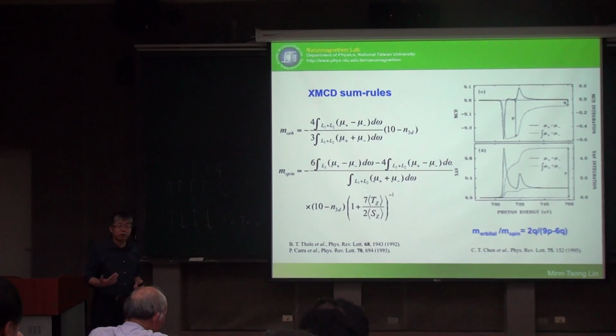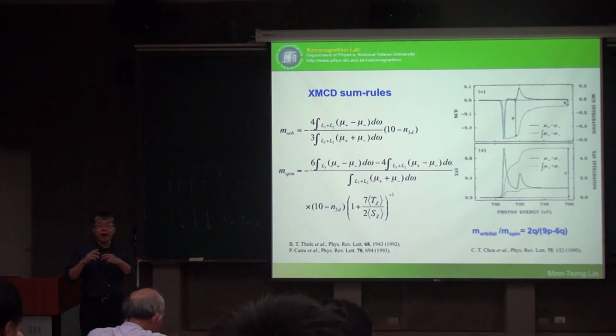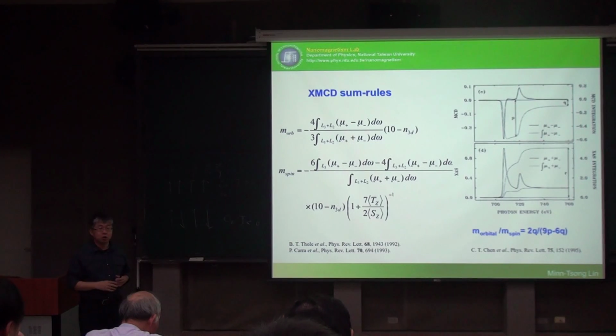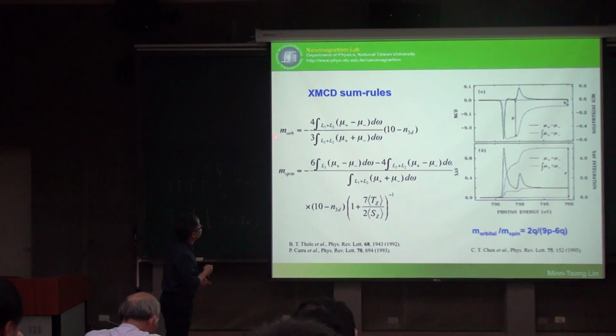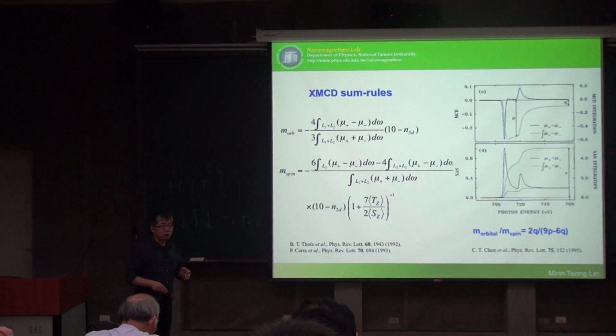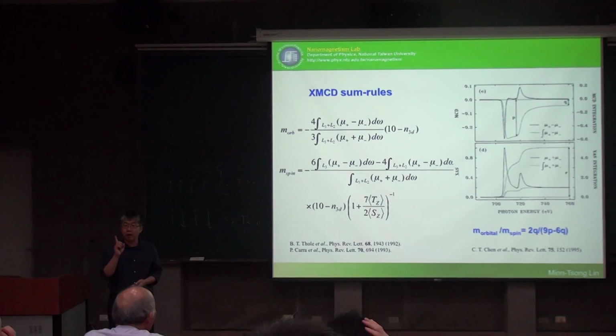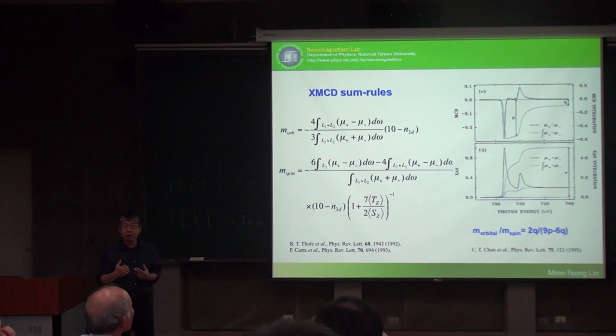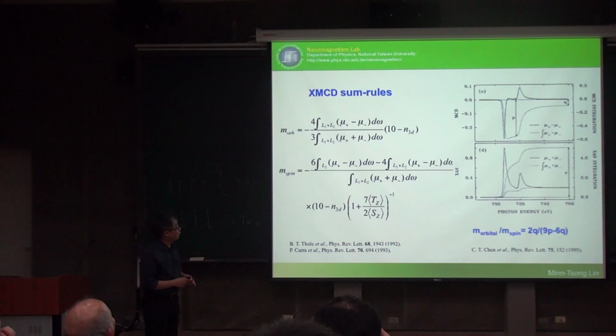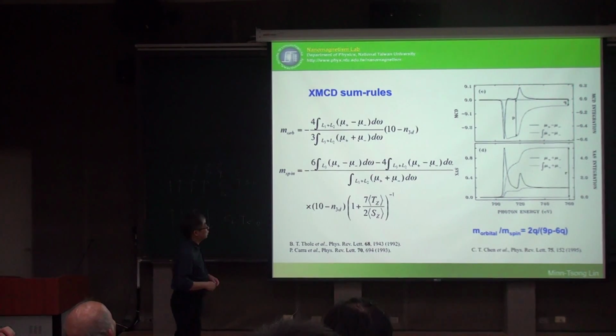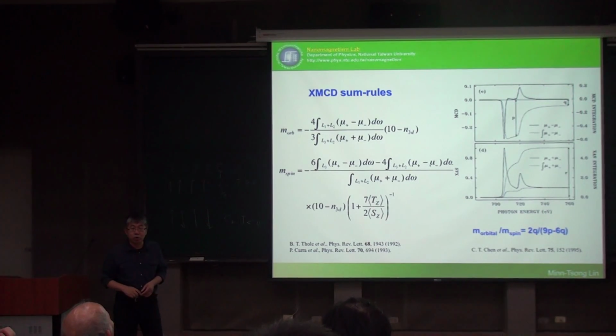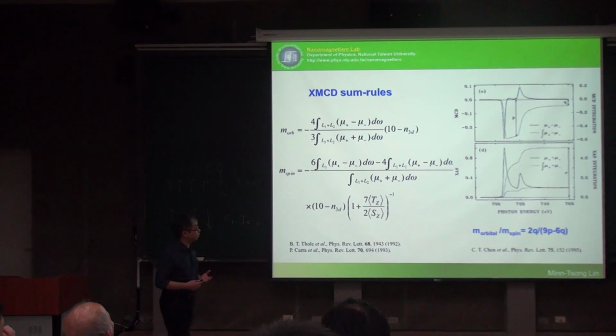However, it's very important for the magnetic anisotropy because the orbital moment has a very strong spatial anisotropy. So if this part goes to a very high value, that means this system has very strong anisotropy, which prefers a certain direction. So measuring this part can give you the physical origin of this magnetization system.